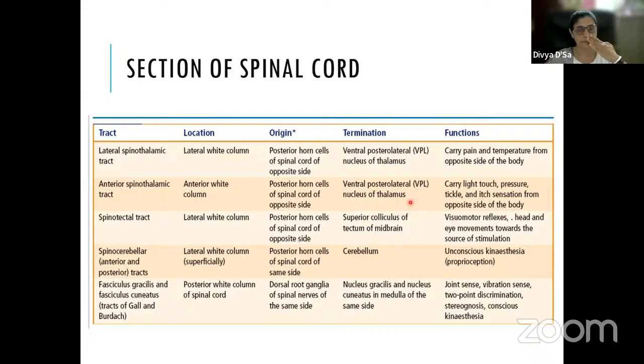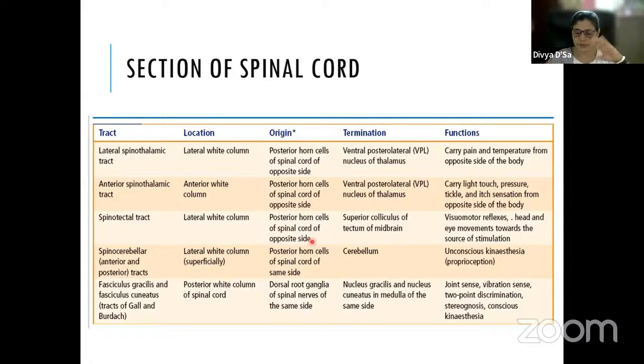It carries light touch, pressure and vibration sensations from the opposite half of the body. Then we have the spinotectal tract, located in the lateral white column, beginning in the posterior horn of the spinal cord.